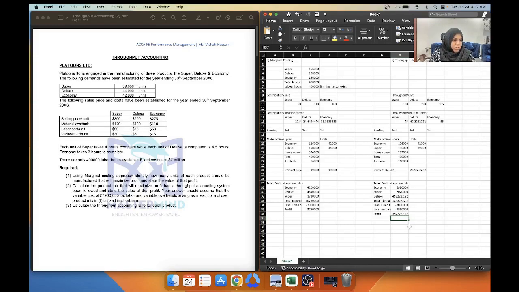So let's quickly check that. For marginal costing, the answers are completely correct. Just give me a quick minute so I can check the answers for throughput as well. Yeah, all the answers are correct.